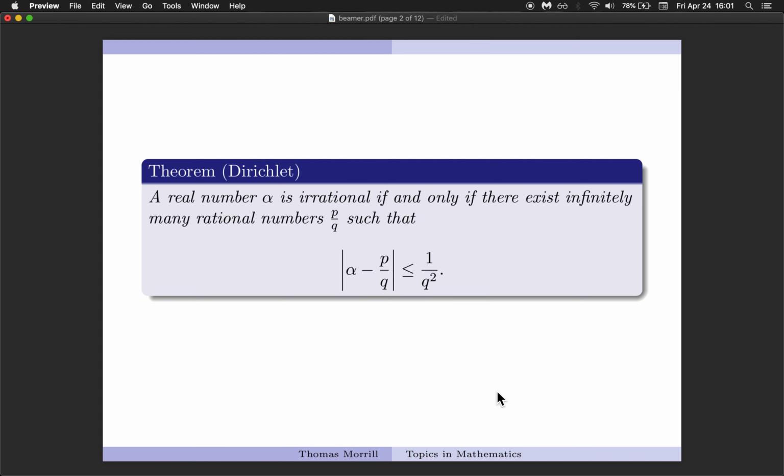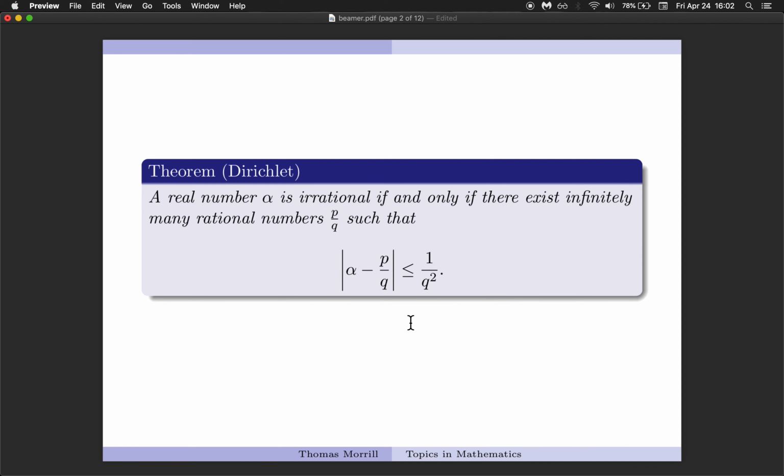The flip side of this is that rational numbers do not have infinitely many Dirichlet approximations, let's call them. So a rational number might have some approximations that satisfy this formula, but not infinitely many. It can only have finitely many solutions to this inequality.